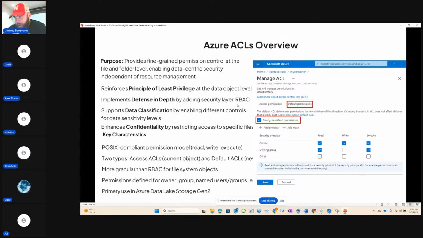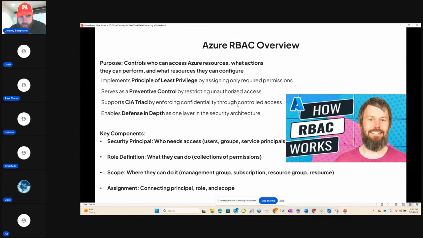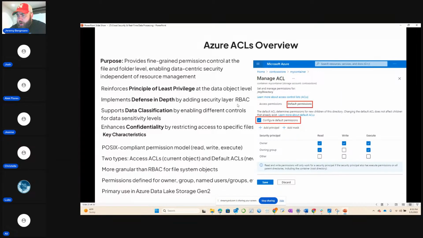This is more about accessing the data, whereas role-based access control is more about resources, resource groups, users, and what roles they serve within the Azure platform. This is specifically related to data and files.